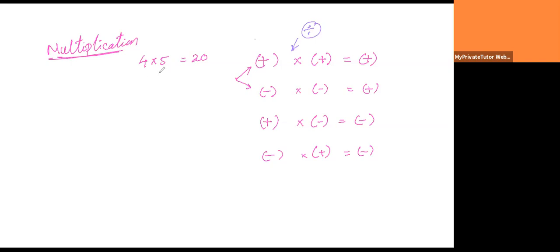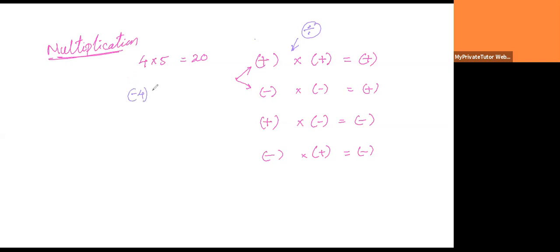So let's take the same example here. 4 times 5 is 20. 4 is a positive number, 5 is also a positive number. So if we are multiplying two positive numbers, we'll get the answer as positive 20. So let's take both as negative.